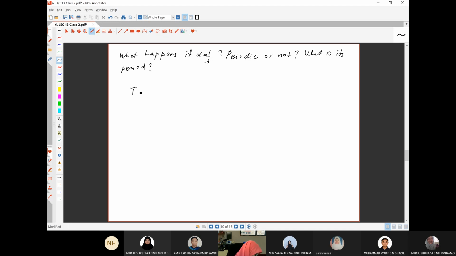So first you have T alpha x is equal to x plus alpha mod 1. If alpha is 1/3, you should find how many iterations to get back x. Let's try. So this is x plus 1/3.